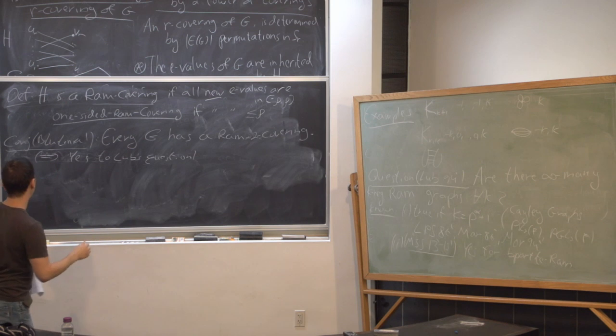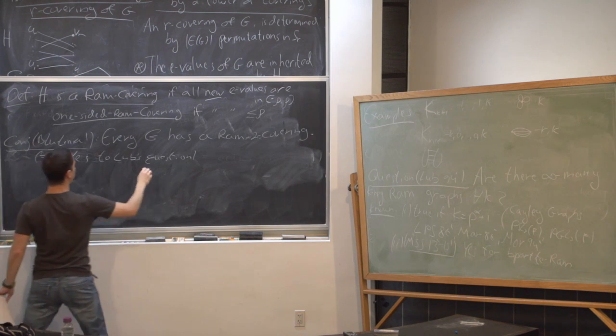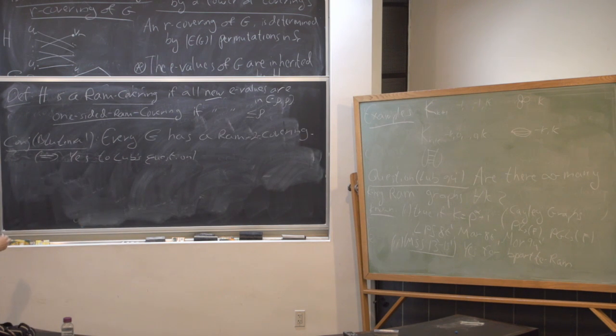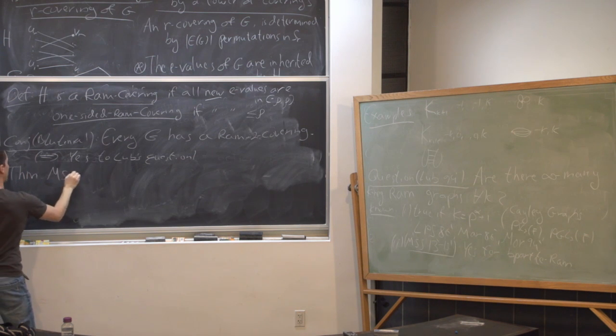So this is the strategy of Bilu and Linial, and this strategy was partially fulfilled by MSS, Marcus, Spielman and Srivastava.